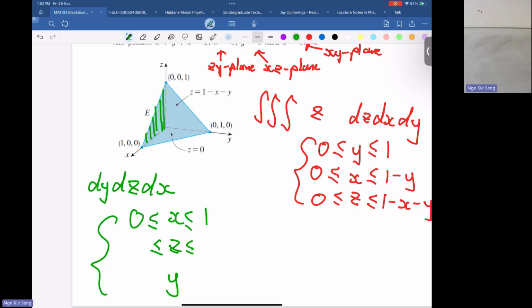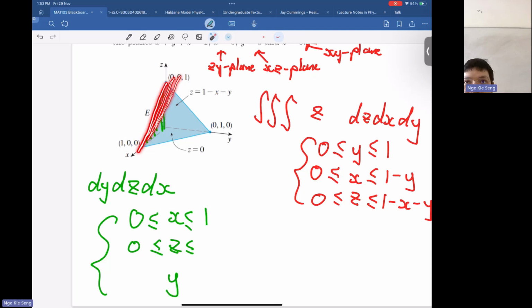So controlled by what? z is bounded below by 0, obviously. But how to get the upper bound? It should be this line here. Correct or not?